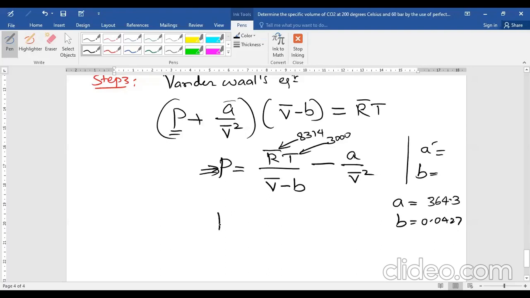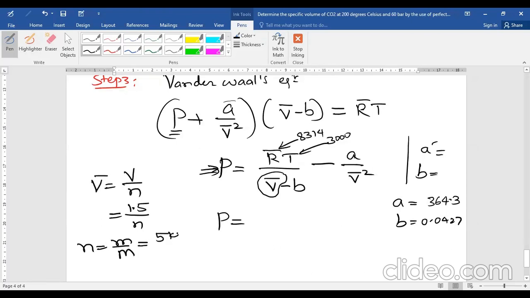Substitute all the values and calculate pressure. And keep in mind, this is molar volume. I cannot substitute directly as 1.5. So V bar is equal to V divided by N. V is how much he has given? 1.5. How much is the number of moles? Again, we don't know the number of moles. He has not given it in the statement. So to calculate the number of moles, what is the formula? N is equal to mass divided by molecular weight. Mass is 5 kg.